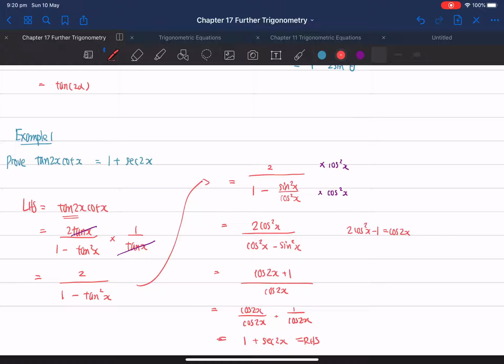You need to get exposed to the different types of trig identity questions, and then get more experience, so you know when you get to those questions which method you're going to use. All right, okay. Should I move on to another one? Let's do another question.